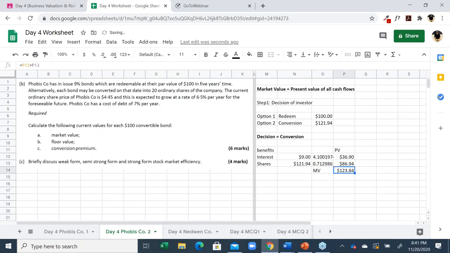So the value of this bond should be 123.84 today if the investors are looking for an overall return of 7%. That's basically the concept of present value. So if the investors are looking for a 7% return, they should invest 123.84, and then they will be getting the overall 7% return. So this is the market value. Is this clear?